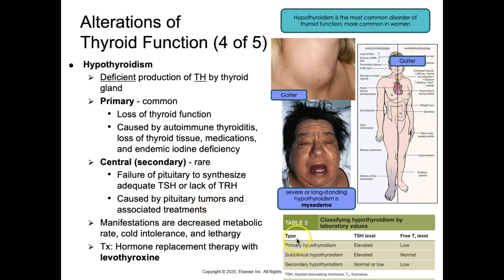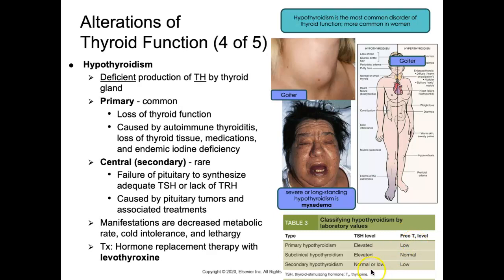And then I have this chart down here that gives you the different levels of TSH, and also you can imagine this is our thyroid hormones here. So within primary, we'll see TSH is elevated, but even though we're getting that stimulation of the thyroid gland, we are not able to produce the thyroid hormones.